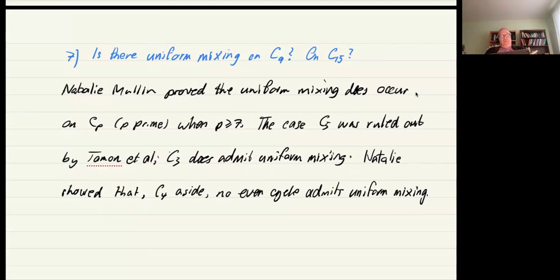Natalie Mullin proved that uniform mixing does not occur on the prime cycle when p is at least 7. The case p equals 5 was handled earlier by Tino Tamon and his REU students. And the 3-cycle does admit uniform mixing. Natalie proved that apart from C4, no even cycle admits uniform mixing. So the connection's playing out here.